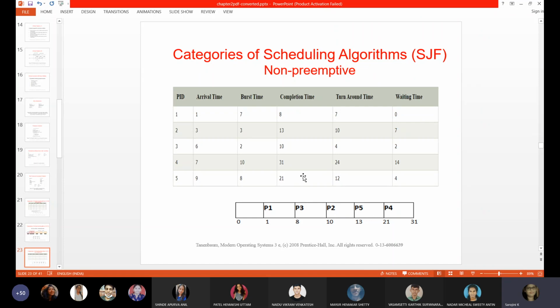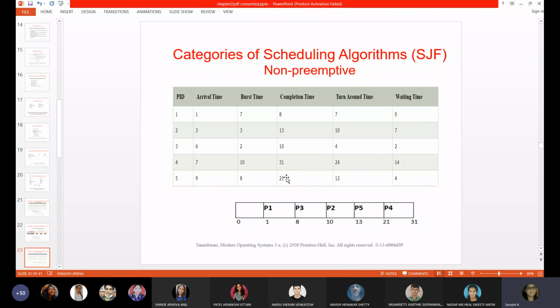P1, 8 milliseconds. P2, 13 milliseconds. P3, 10 milliseconds. P4, 31 milliseconds. And then P5, 21 milliseconds.